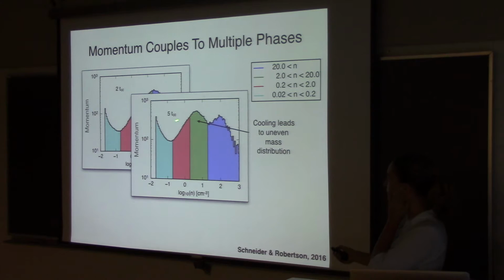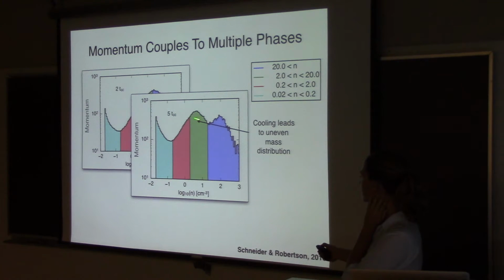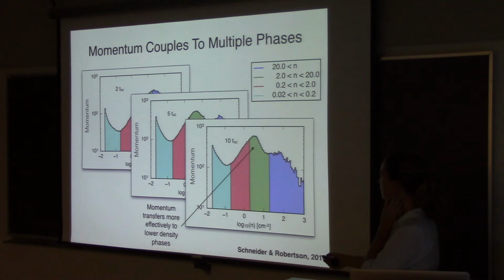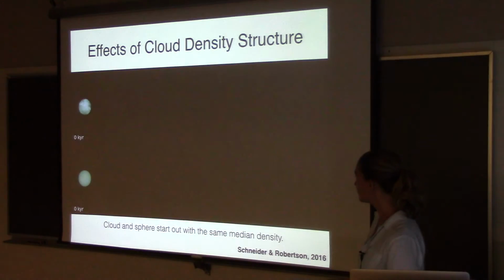But then cooling leads to you having this peak in density in these intermediate density regions, and then as the simulation goes on, you end up much more effectively transferring momentum to those phases. And so again, the highest density gas in our simulations really doesn't move very much. If anything, as it starts to move, it just gets rarefied and incorporated into these lower density phases.